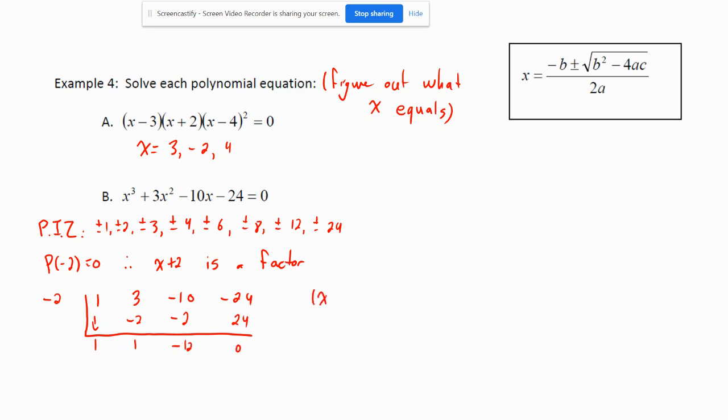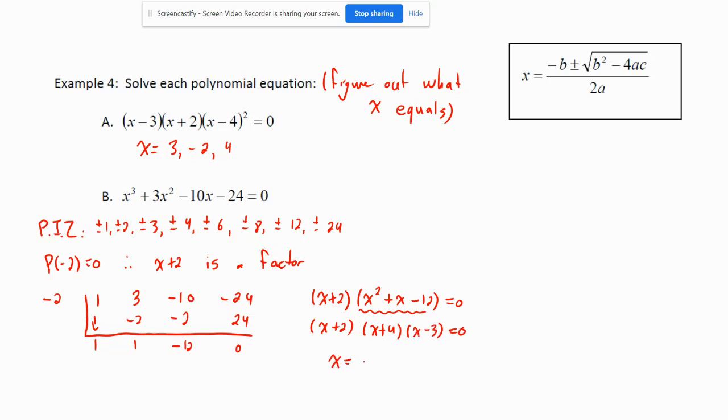So we get x plus 2, x squared plus x minus 12 equals 0. And then this guy over here factors nicely for us into x plus 4, x minus 3.